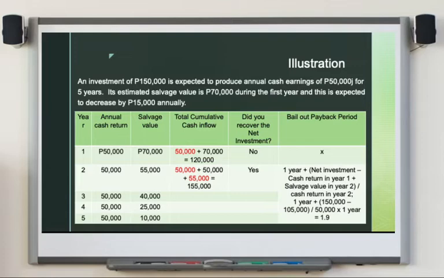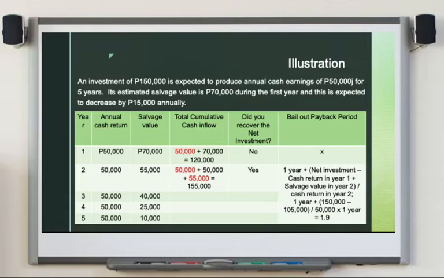From the 100,000, we will deduct first the salvage value of the second year, and that is 55,000, and not the 50,000 cash inflow from the second year. Okay, so 100,000 minus 55,000, we still have to recover 45,000.